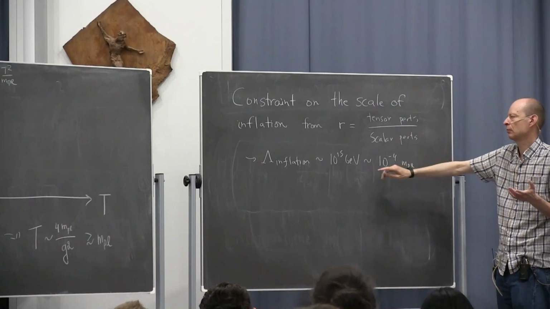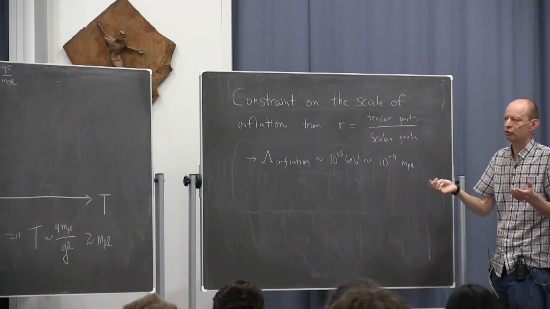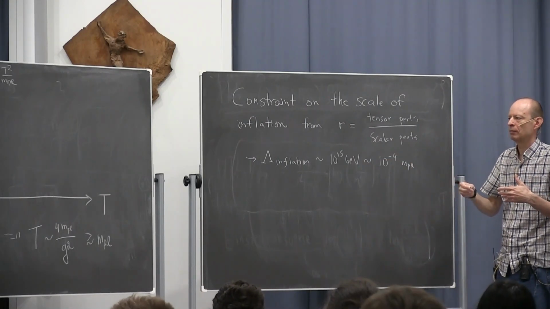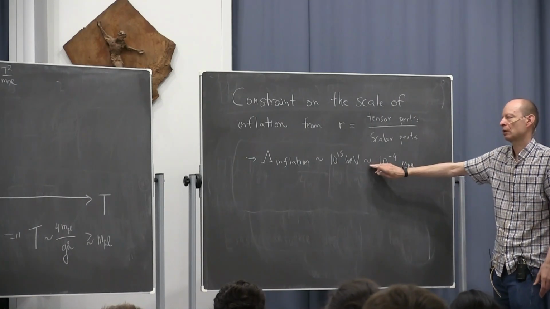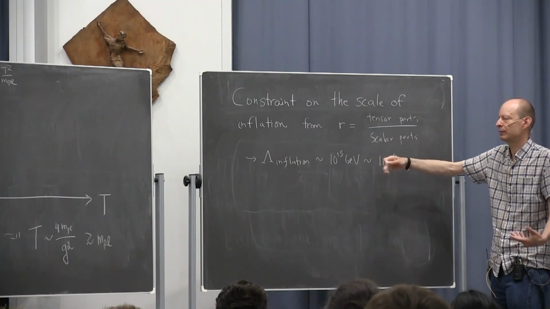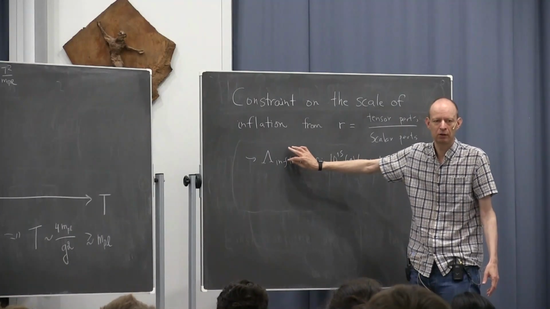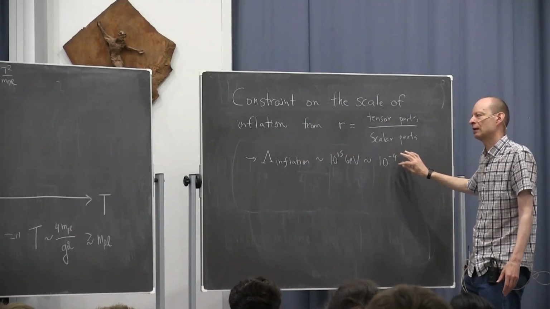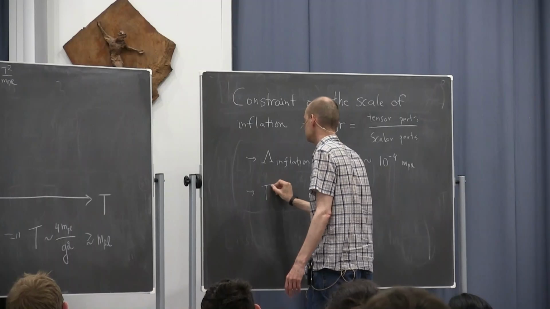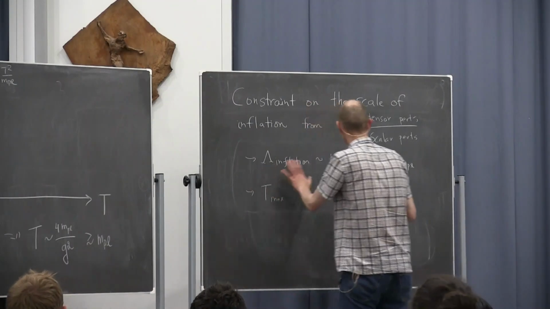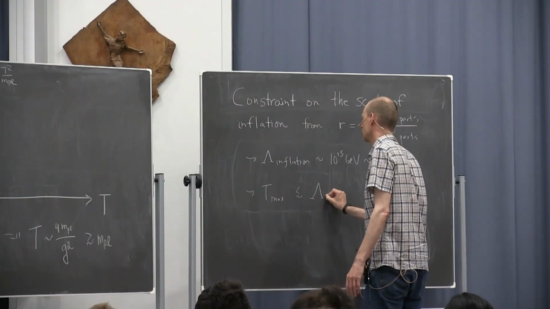In any case, the temperature most likely is not much above the inflationary scale. After inflation, for sure, the universe reheats, but often it takes a while. So it's quite unlikely that the reheating temperature would be much above this scale of inflation. So usually we think that T max is of this order of magnitude.